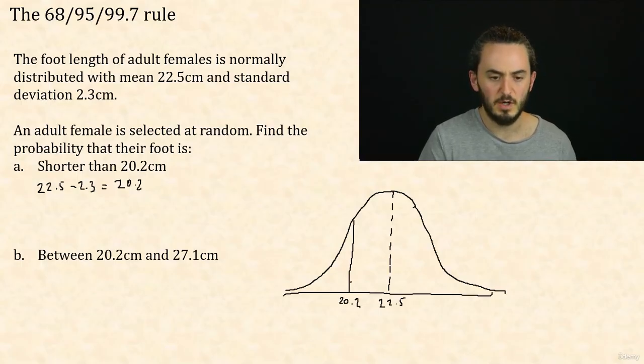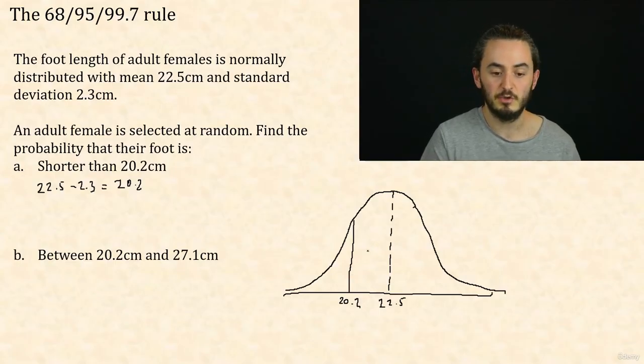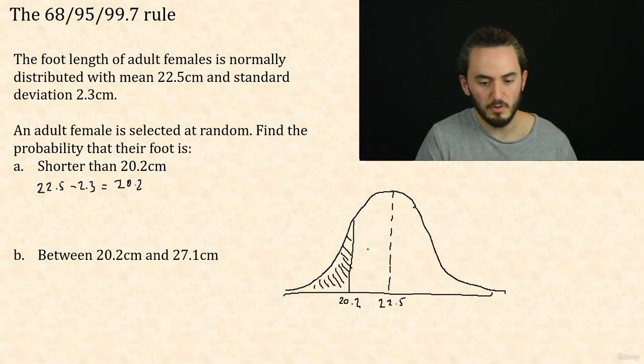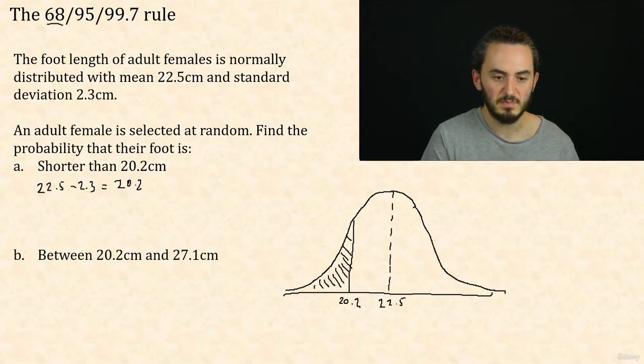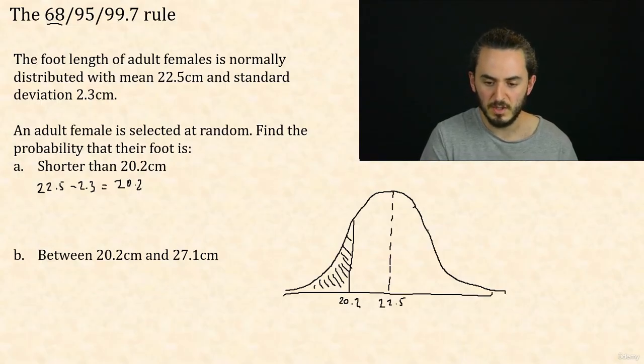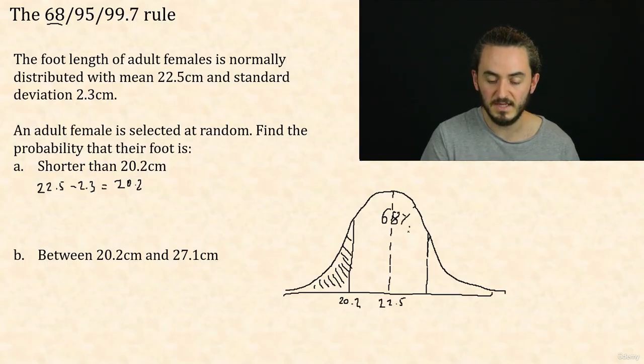So that point there was one standard deviation below the mean. Now, our job is to work out the probability their foot is shorter than this, i.e., what is this area? We know that 68% of the data is within one standard deviation of the mean. So this entire middle bit here is 68% of the data. What's left over for the outer bits, this bit and this bit?